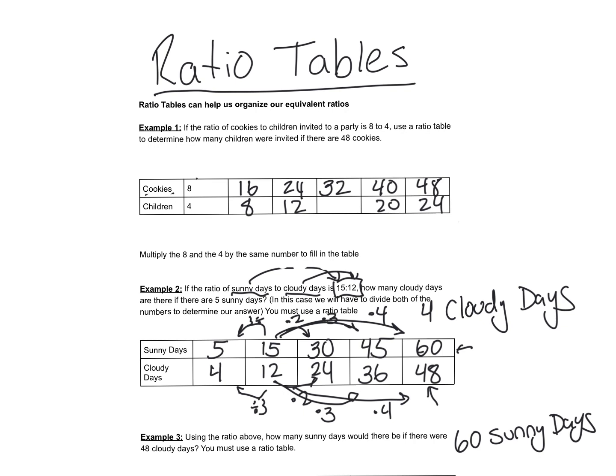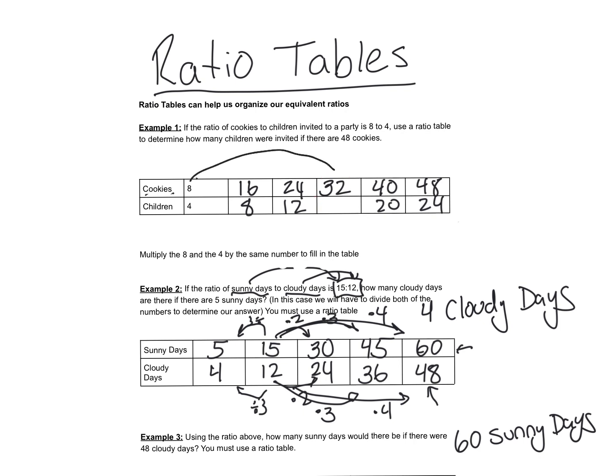And we can notice that we're really skip counting by 8s on the top and skip counting by 4s on the bottom. But one way to always fill in a ratio table is to find where the missing spot is, find the number that is paired up with the missing spot. And remember, equivalent ratios, you have to multiply by the same number.